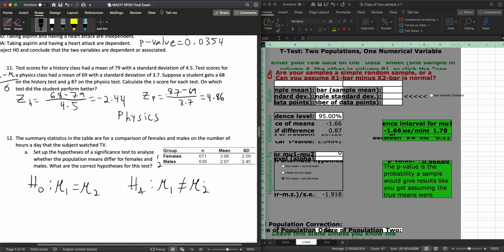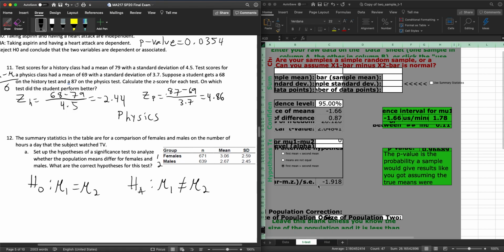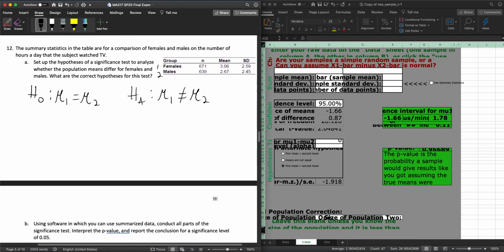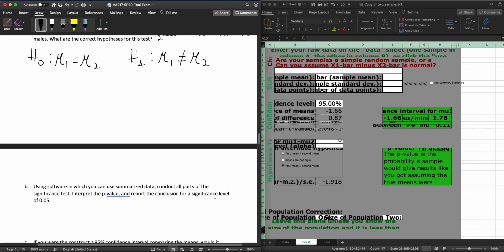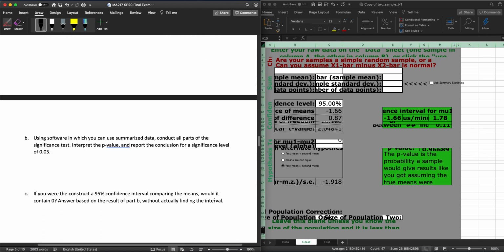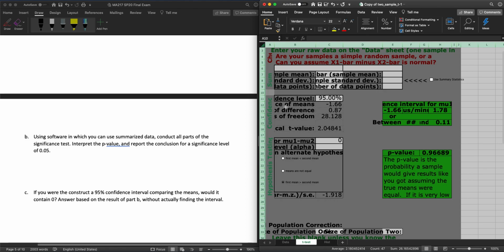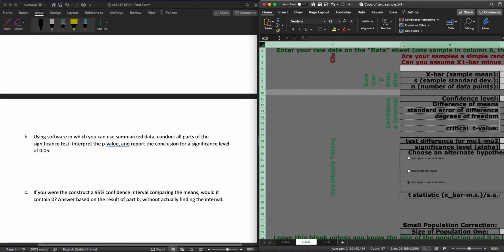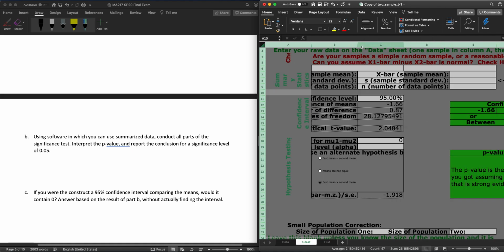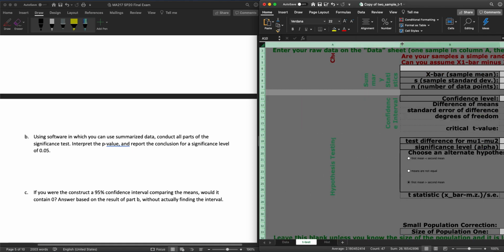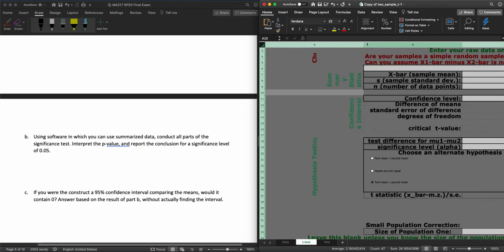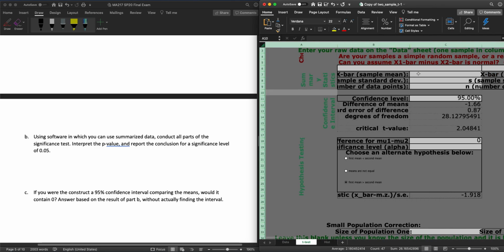So then, based upon that, for part B, we want to use software which you can use with summarized data, like I have here on the right in my Excel template that kind of decided to not display as nicely as I would have liked. But that's alright. We'll get it eventually.